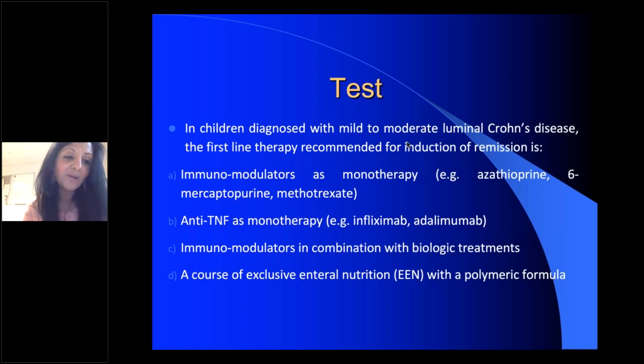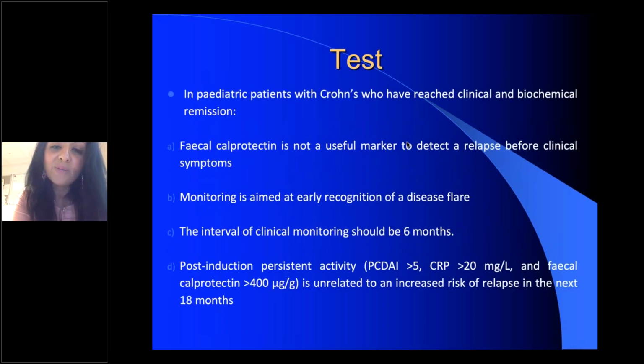Next one, well done. In pediatric patients with Crohn's who have reached clinical and biochemical remission, fecal calprotectin is not a useful marker to detect relapse before clinical symptoms, so you know that's probably not right. Monitoring is aimed at early recognition of a disease flare. The interval of clinical monitoring should be 6 monthly.